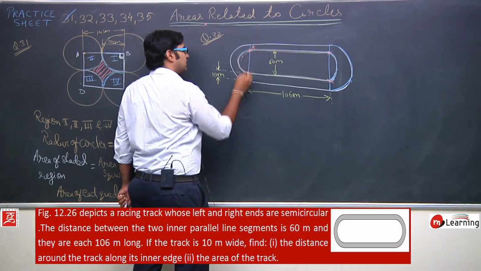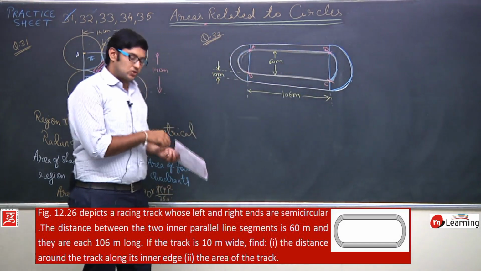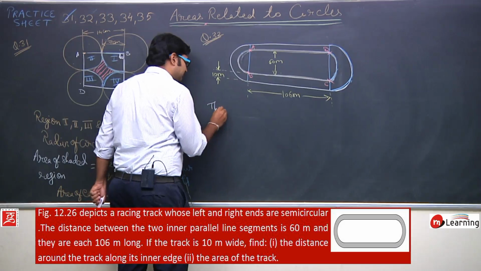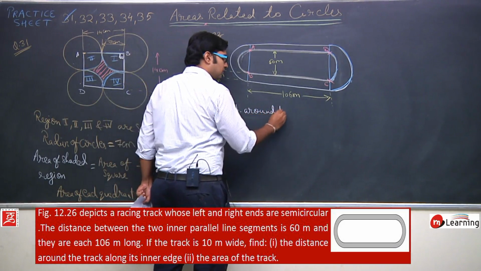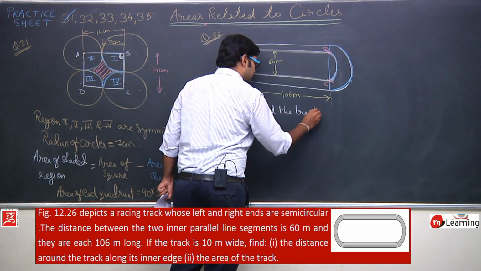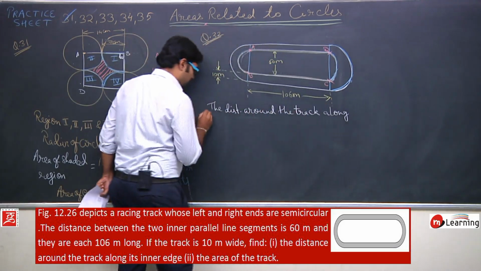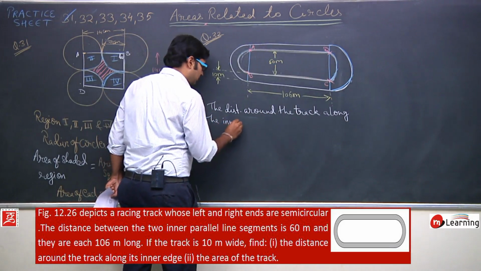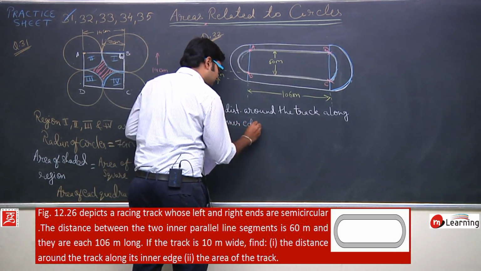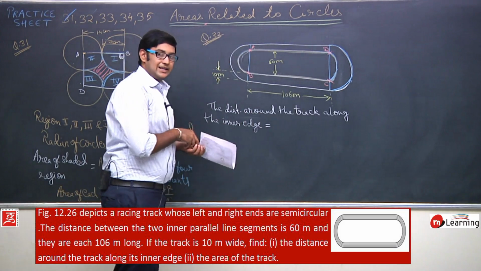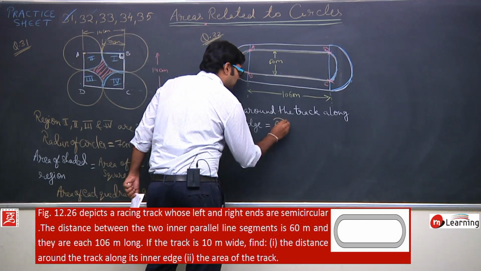This is, let us say, A, this is B, this is C, and this is D. So the distance around the track along the inner edge is equal to the length of arc AB.